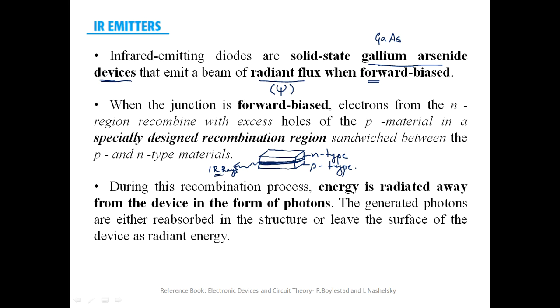During the recombination process the energy is radiated away from the device in the form of photons. The generated photons are either reabsorbed in the structure or leave the surface of the device as radiant energy. So light is being emitted out of this particular PN junction.